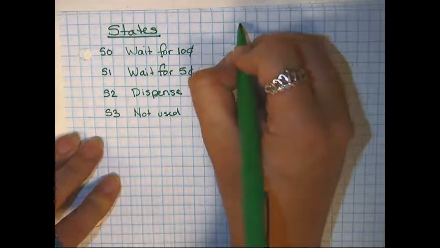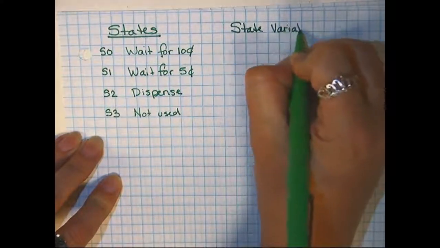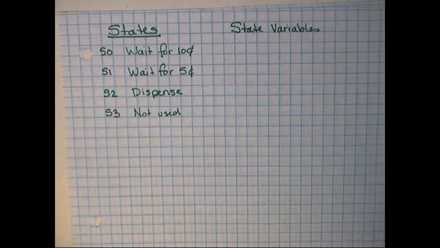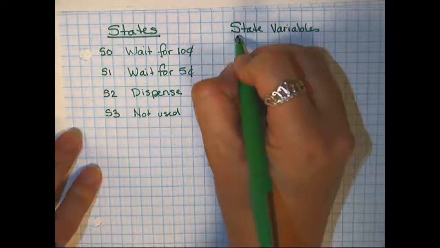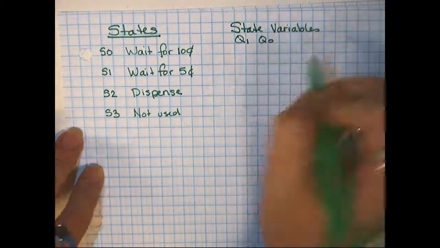Okay, now we're going to have our state variables, and they're going to be Q1 and Q0.